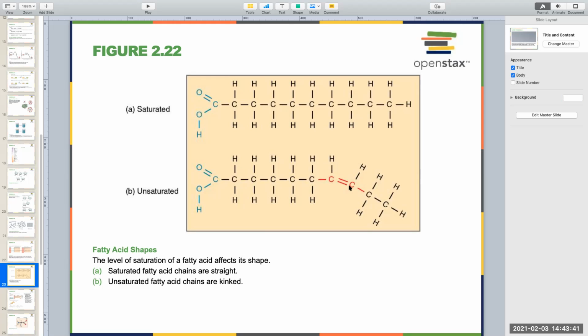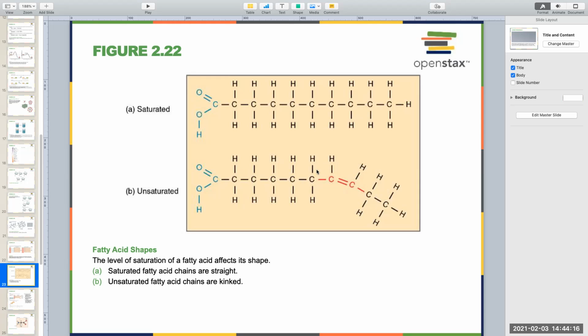In our daily lives, this is important because saturated fats typically are from animal byproducts, and unsaturated fats are typically plant-derived. So why does that matter? Well, when we're talking about our diet and what we eat, it's best to have a plant-based diet because of the oils that we're going to get from the plants, such as avocado oil or olive oil.